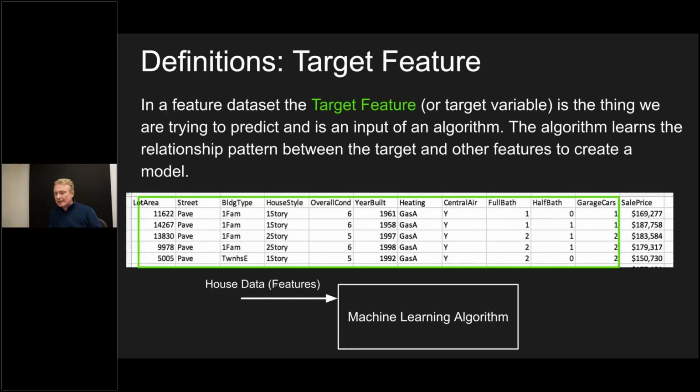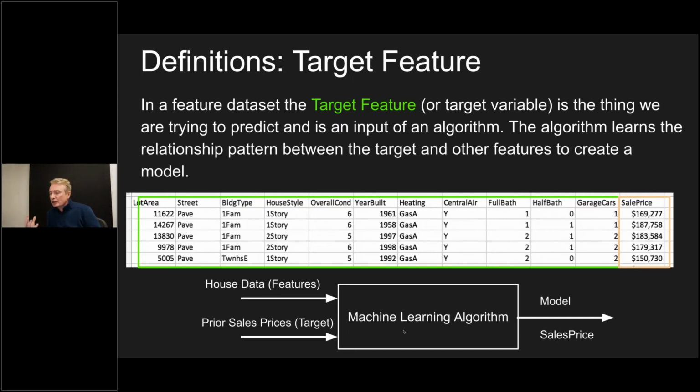So we feed in this house data, which are features, and then we feed in the prior sales price, which is our target. Then we put that into, let's say, a linear regression model, and then we produce what we call a model. Remember, everyone else, we use algorithms and models interchangeably.